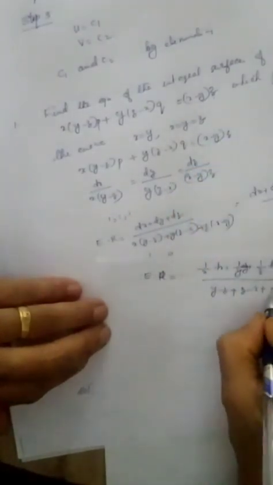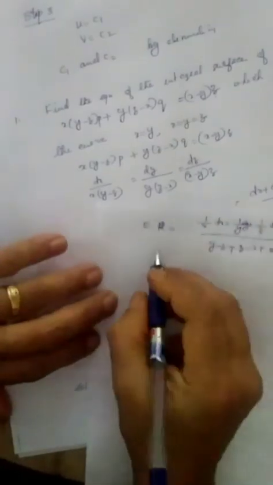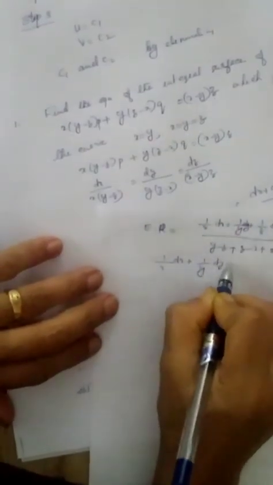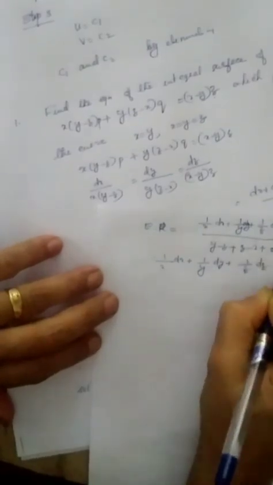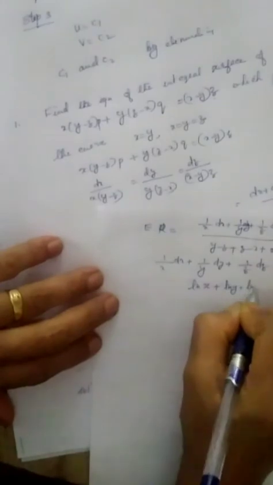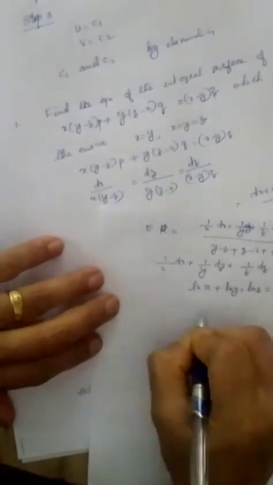The z's cancel and we have y minus z plus z minus x plus x minus y. Here also the denominator is 0. Therefore (1 by x) dx plus (1 by y) dy plus (1 by z) dz is equal to 0. Integrating, we will get ln x plus ln y plus ln z equal to ln c2, meaning xyz equal to c2. So this is our v.